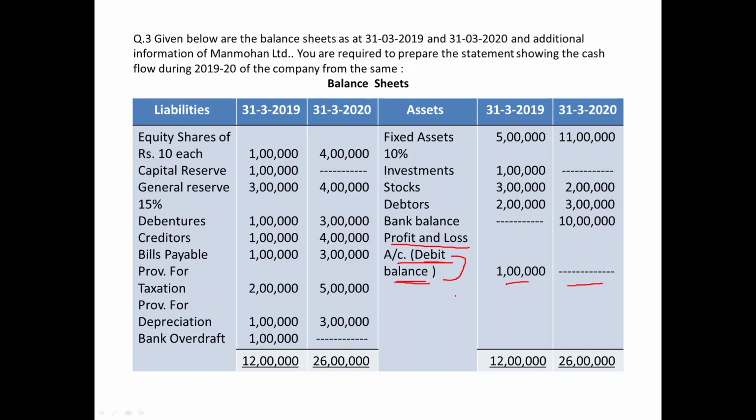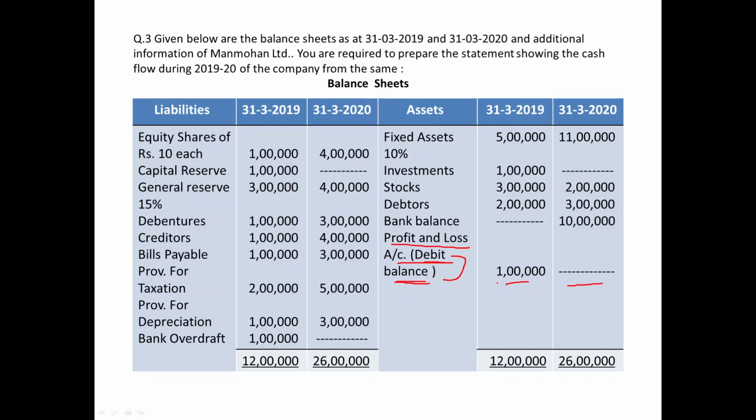Normally, we compare the two balances of profit and loss appropriation account given in the balance sheet, and in that way we decide the profit of the year. Over here, how should it be decided when the balance is a debit balance and it has been given on the asset side of the balance sheet?